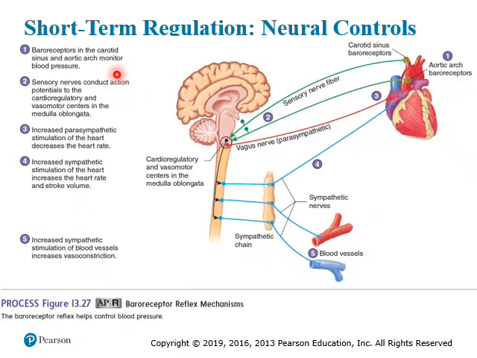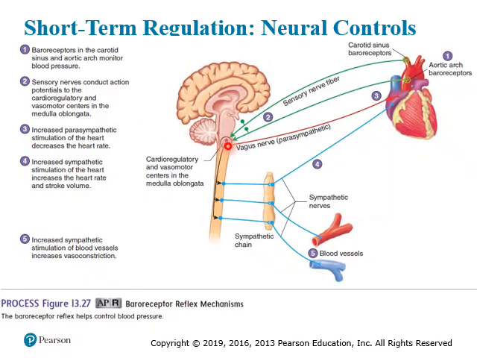So the baroreceptors in the carotid sinuses, right there, you start again, the stimulus is actually coming from the baroreceptors in the carotid sinuses and the aortic sinuses. These are the ones that monitor the blood pressure. Sensory nerves will conduct an action potential to the cardioregulatory centers and the vasomotor center in the medulla oblongata.